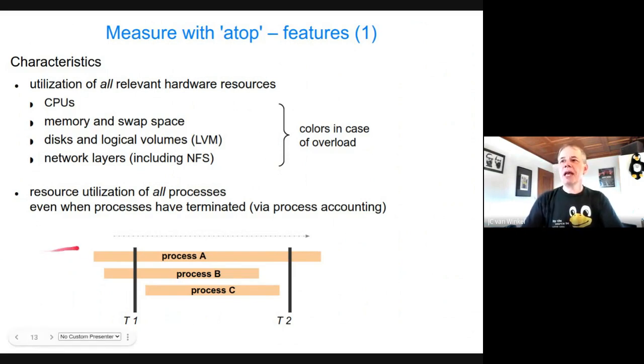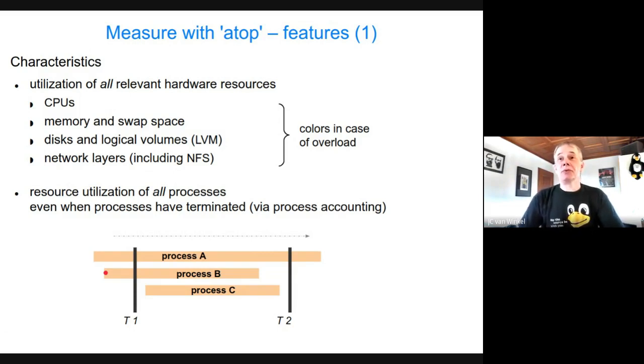For example, if we look at process A here, top and Atop will show the same. It will show the measured resource consumption up to timestamp 1 and up to timestamp 2. But for process B, Atop will not show process B at all because the moment it takes its snapshot, process B is not even there.